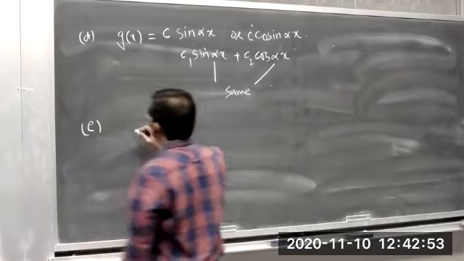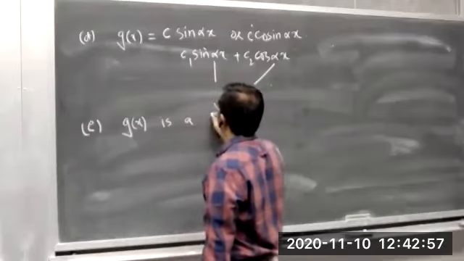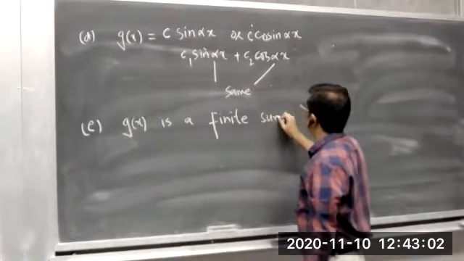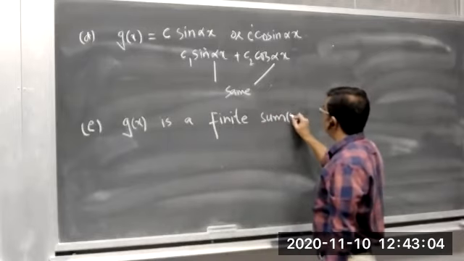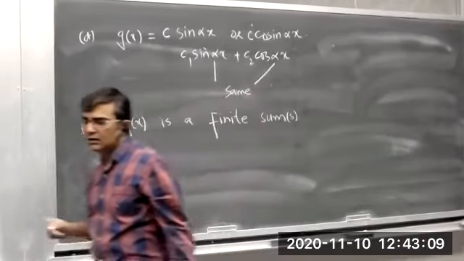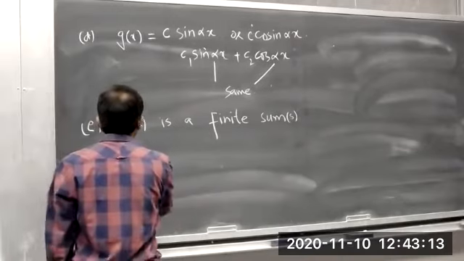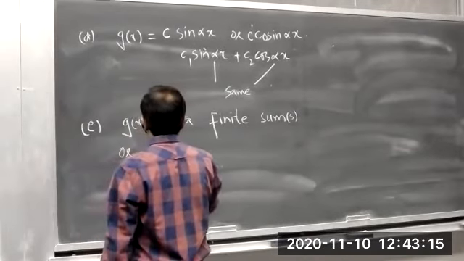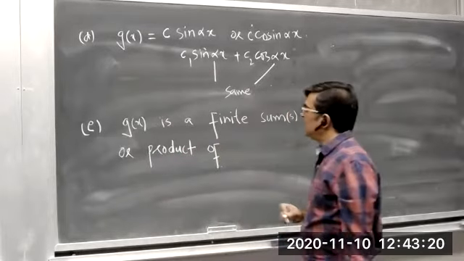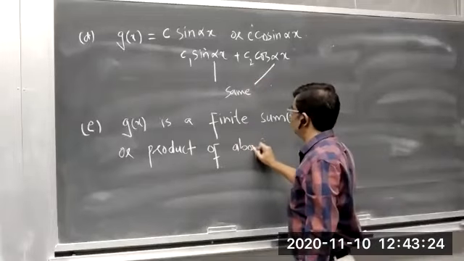Or finally, g of x is a finite sum or finite sums or product of the above listed functions.